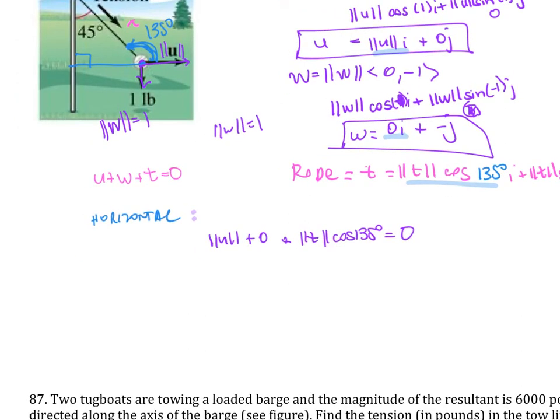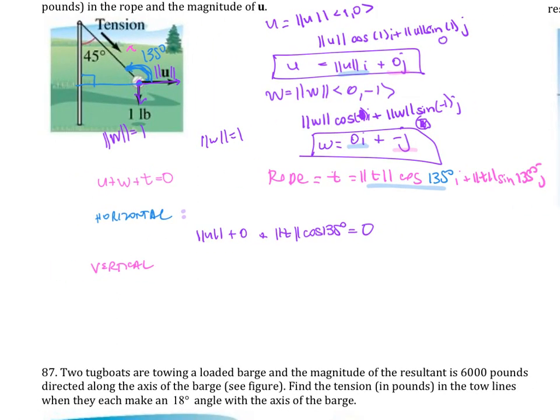So that's the horizontal. Now let's take a look at the vertical and put that all together. So our vertical is going to be these values here, 1, 2, and here it is. Let's write that all in one line.